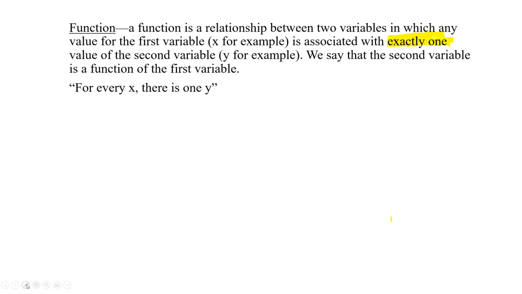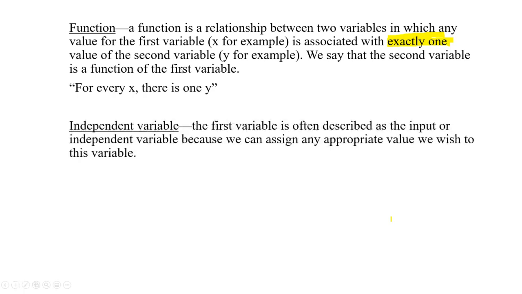The second thing we are going to talk about is independent variable. So the independent variable is called input. Sometimes we call it input to the function. Anything which is the input to the function is called independent variable. So you can easily arbitrarily choose any value for that. So the independent variable, because we can assign any appropriate value we wish to this value.